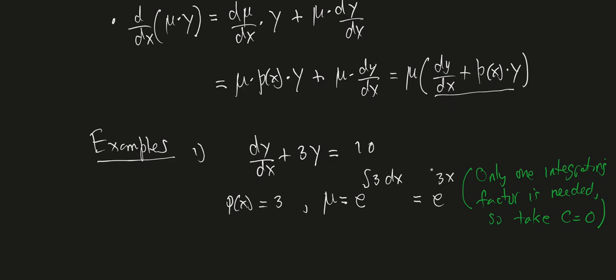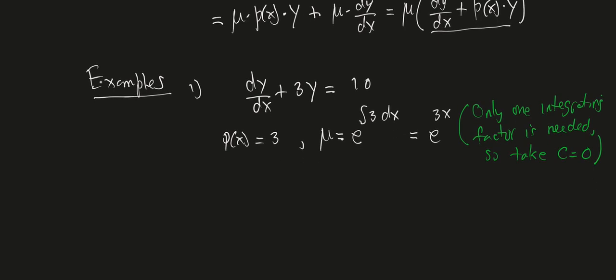You could certainly carry the plus c throughout the entire thing, and then you're going to get another plus c at the end because there are two integrals that you'll have to do here. And those two constants can actually be combined into one constant. So for simplicity, we just take the base function, or the parent function, and this will be our integrating factor.